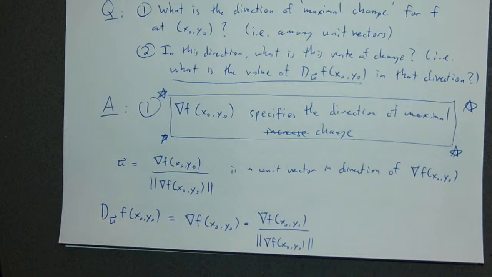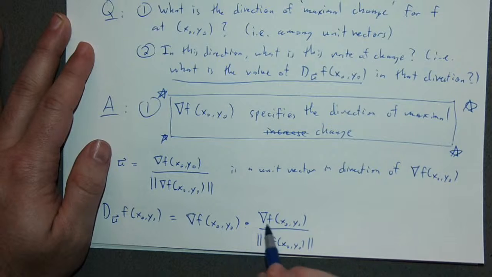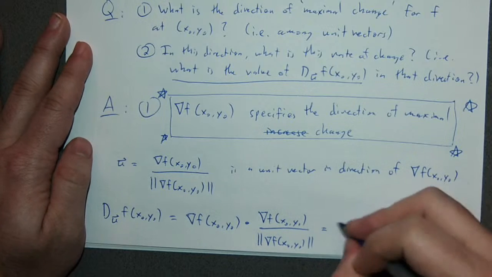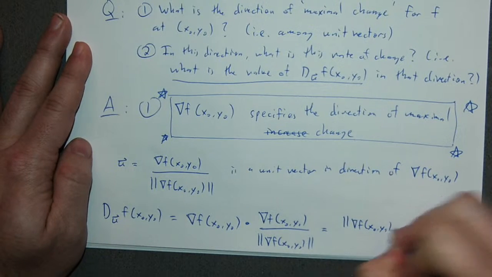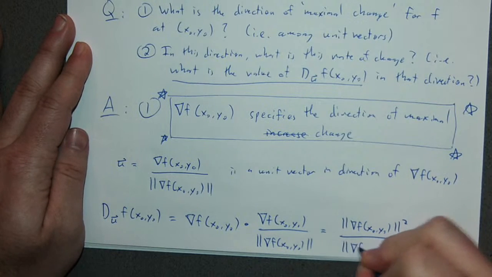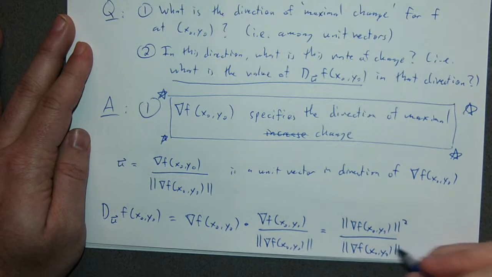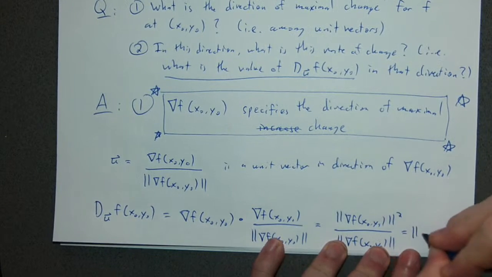The length is just a scalar. When I take any vector and dot it with itself, what is that? That's the length of the vector squared. So really this is the length of the gradient of f at x naught, y naught squared divided by the length of the gradient of f at x naught, y naught. So the square goes away, and what I'm left with, of course, is the length of the gradient of f.